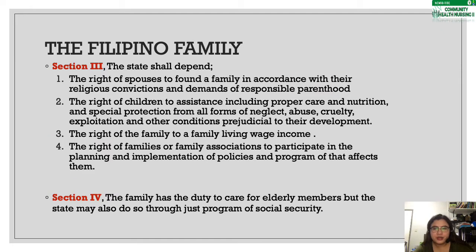It is also stated in the Philippine Constitution under Section 3 that the state shall defend the right of the spouses to found a family in accordance with their religious convictions and the demands of responsible parenthood. This means the right of a couple to create their family with independence and autonomy over which religious convictions they follow, and the demands of responsible parenthood.